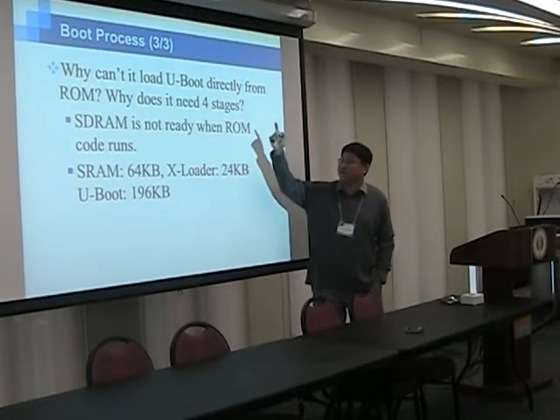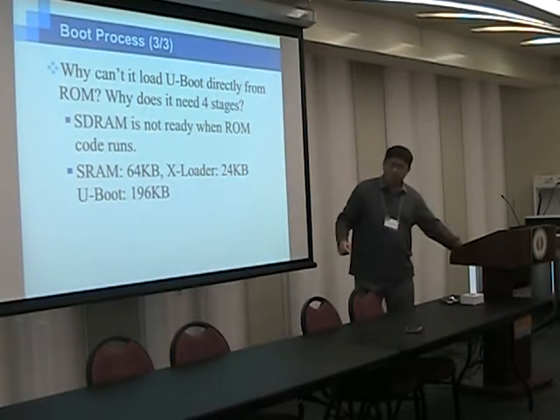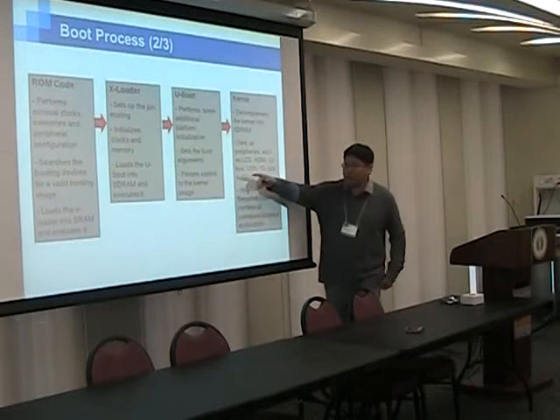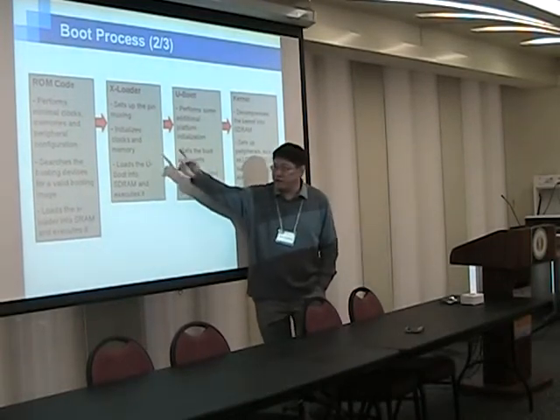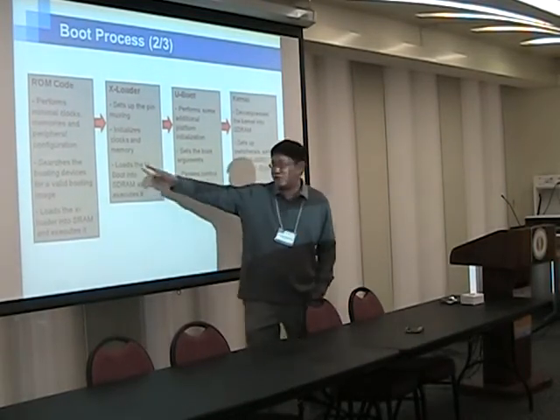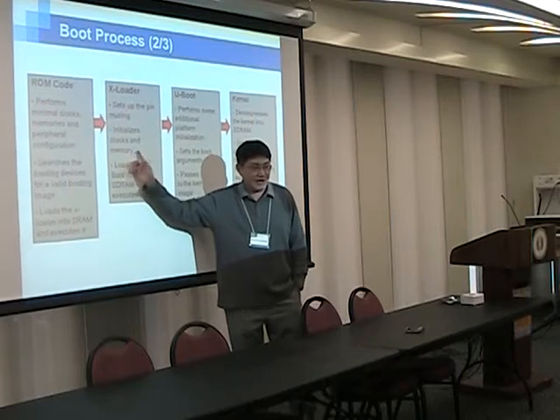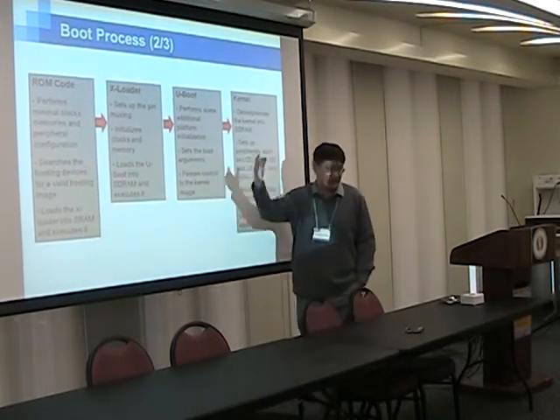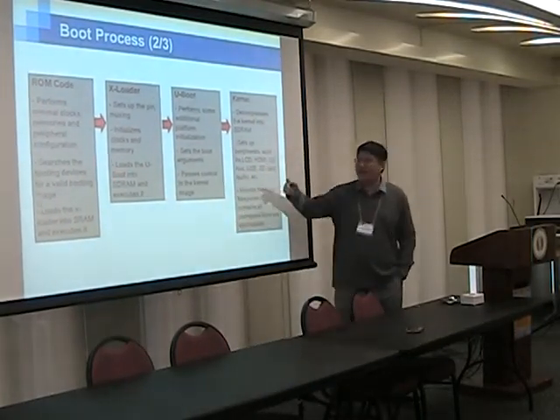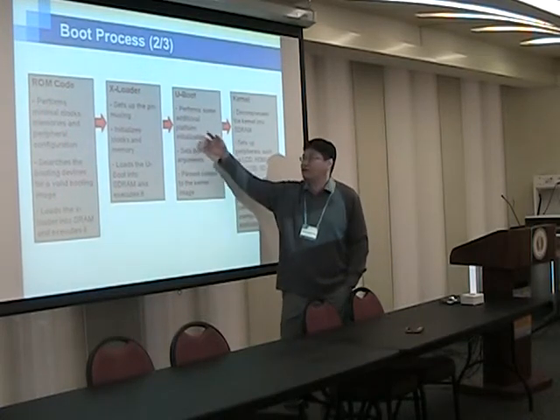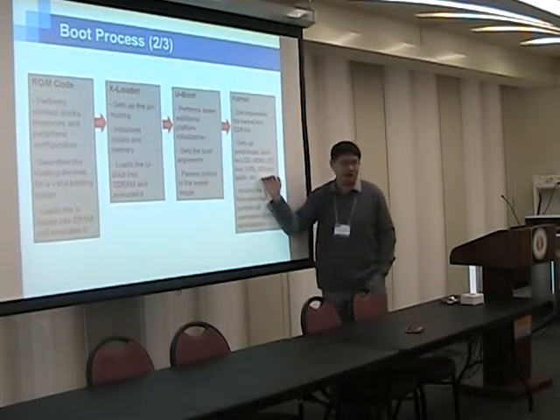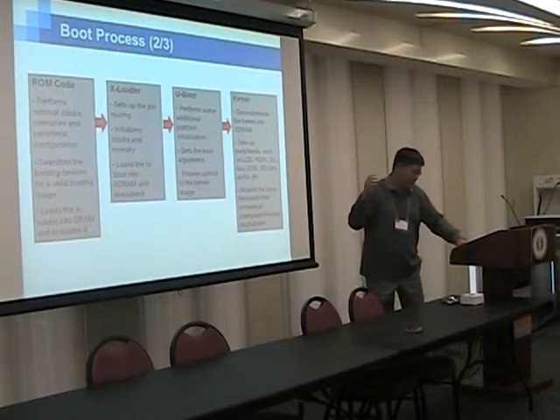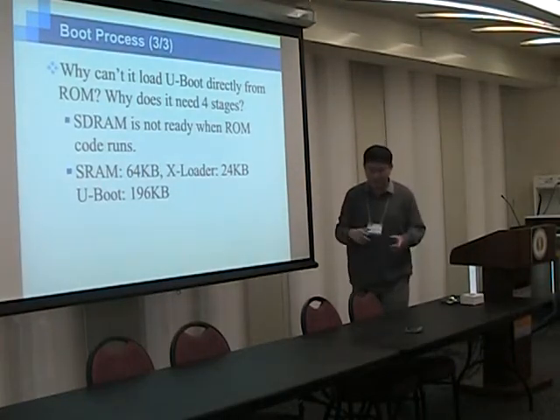That's why you have to load the X-loader, which is very small. And one important thing the X-loader does is set up the memory for you. After this setup, you have the SDRAM ready. Then you can load the larger U-Boot to set up more things and load the kernel. That's one important piece of logic inside this kind of design.